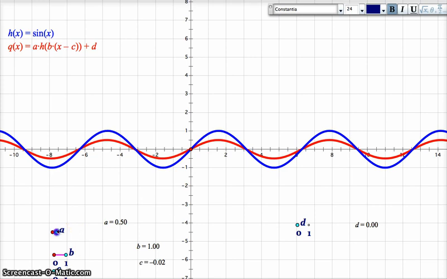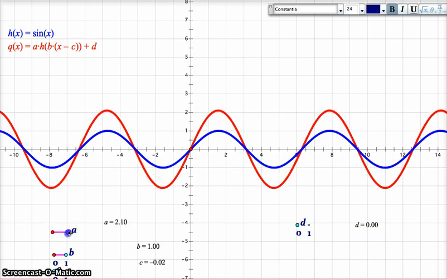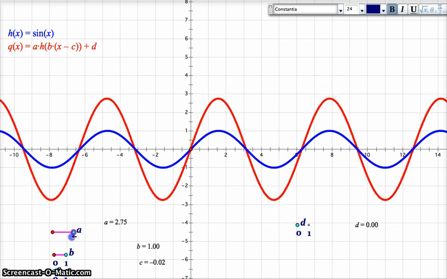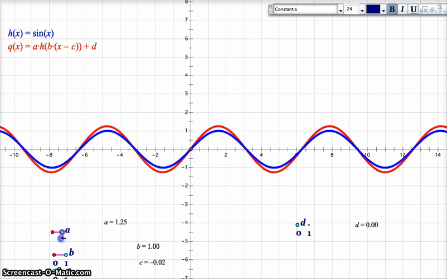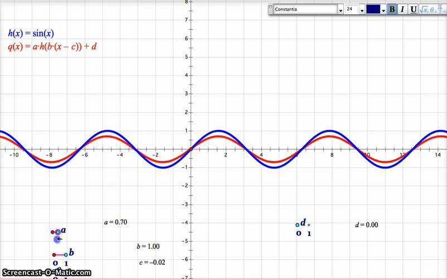So multiplying outside of the function affects the vertical stretch or shrink, and it behaves exactly as we would expect it to behave. If we multiply by a number that's larger than 1, our graph has a larger stretch than 1. If we multiply it by a number that's less than 1, our graph has a stretch that is less than 1, and our graph is not as high, not as tall.